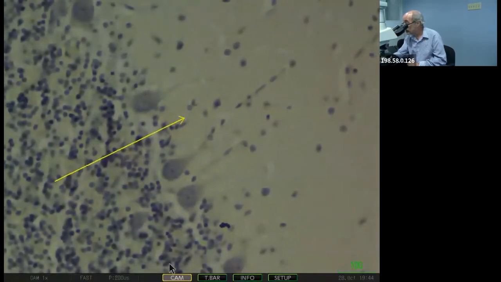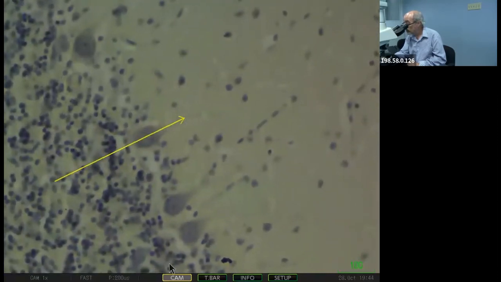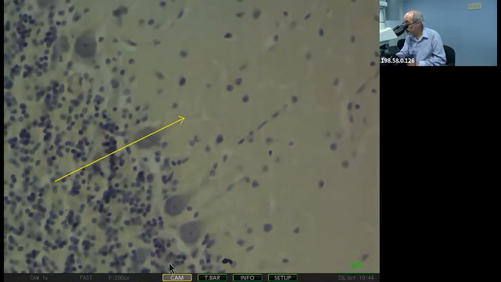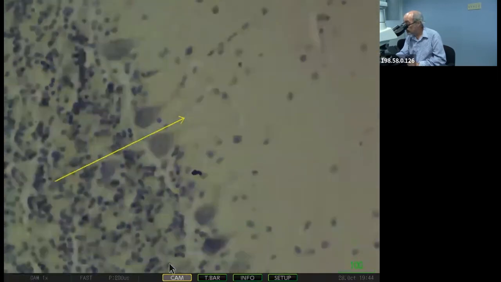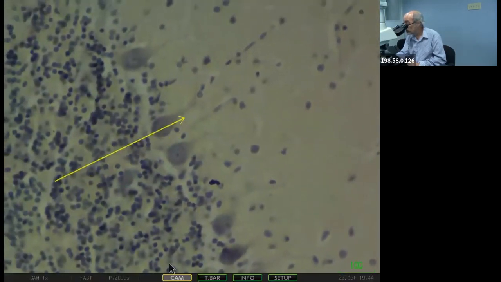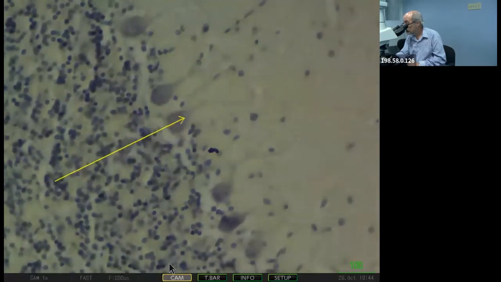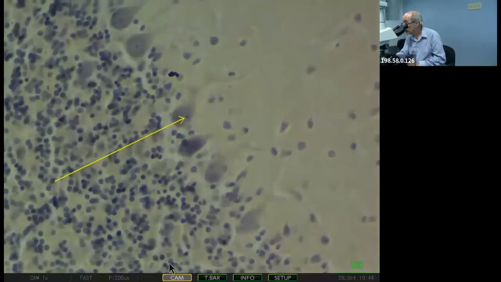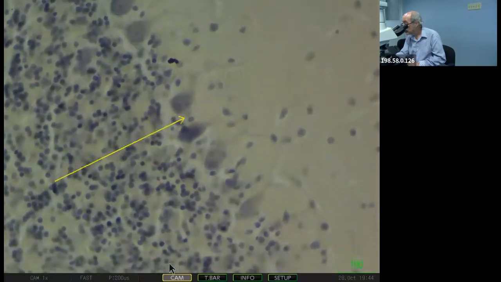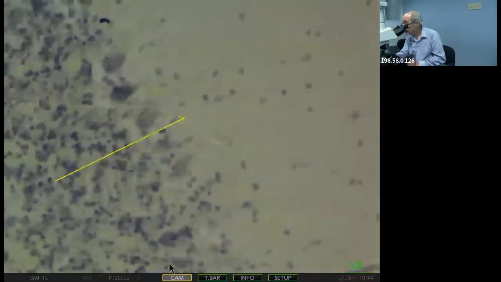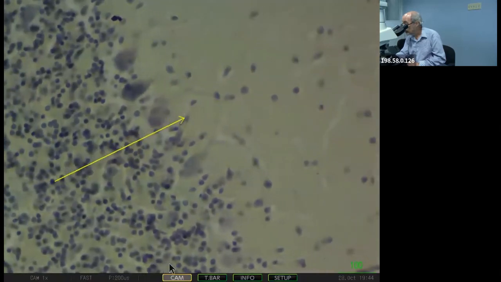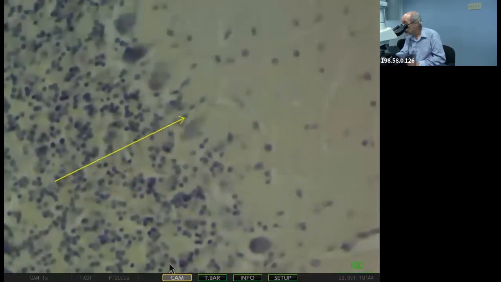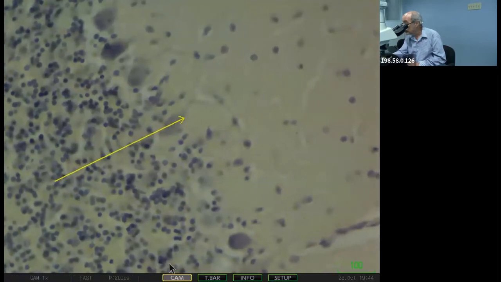See the different dendrites here, branching in two dendrites, and here, and here, and here too.